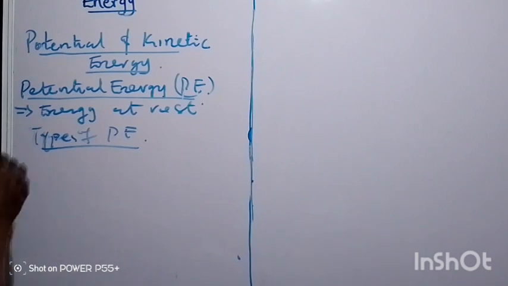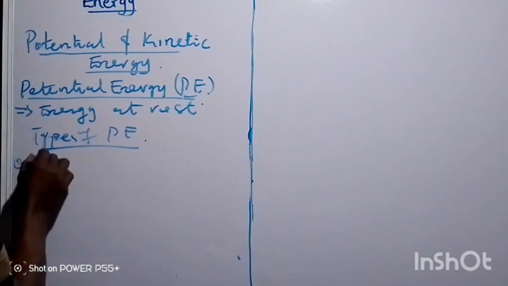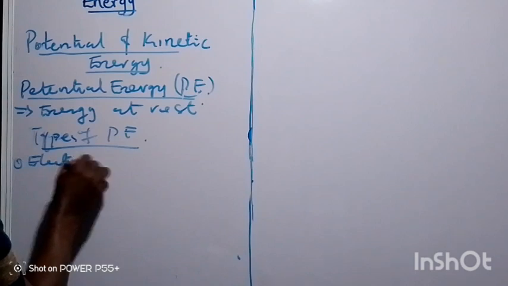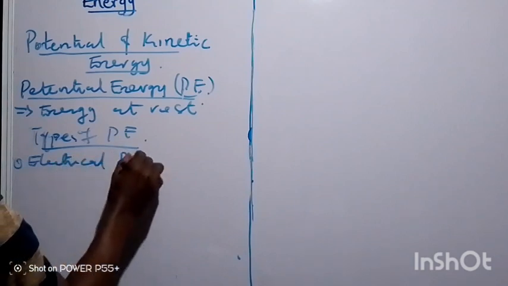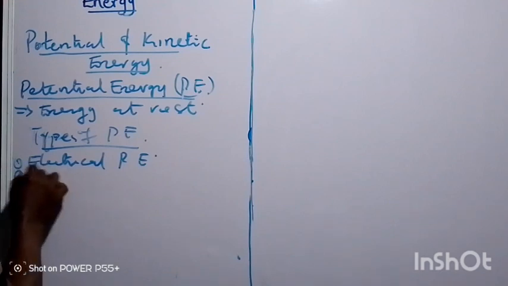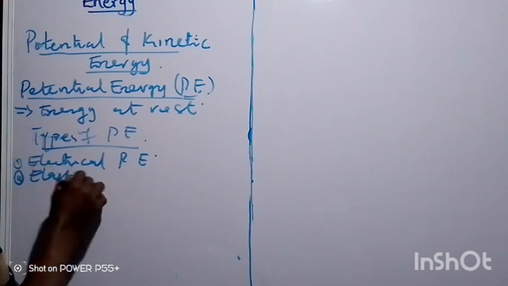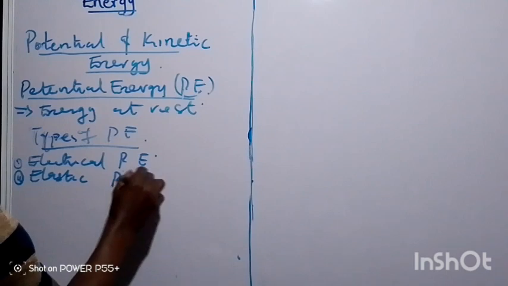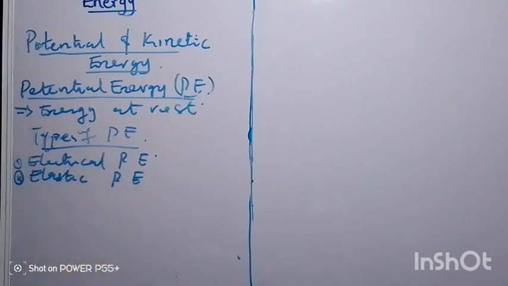One, we have electrical potential energy. Two, we can have elastic potential energy. That is energy possessed by an elastic material at rest.